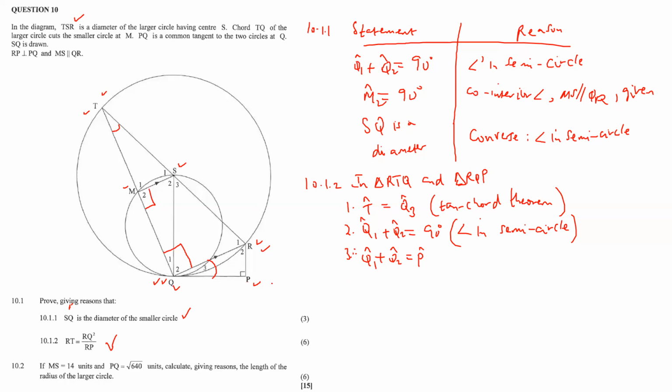Moreover, angle R1 must therefore be equal to angle R2 in the RTQ and RQP triangles. R1 equals R2. The reason is that they are the third angle of a triangle, angles of a triangle.